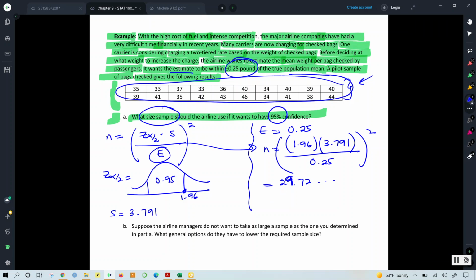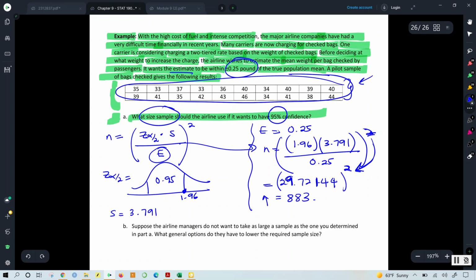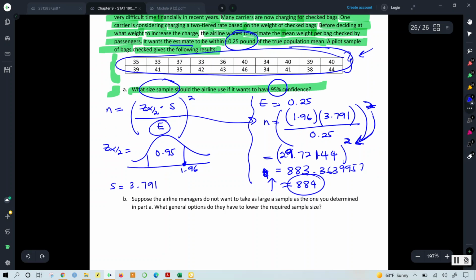Before I round that up, I want to remember to square this. Yes, this gets me a lot. I will confess, you want to square that answer. So it's 29.72144 all squared. That gives us about 883.3639957. So if we round this up, we get about 884. This is the sample size that should be used.